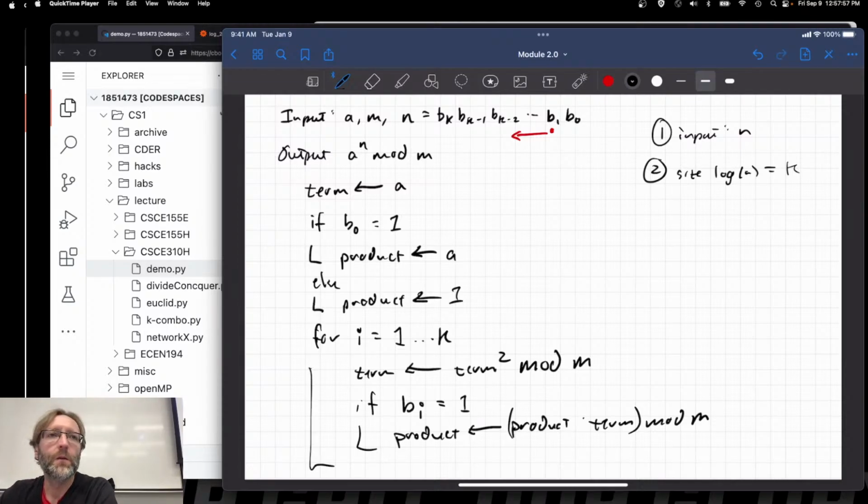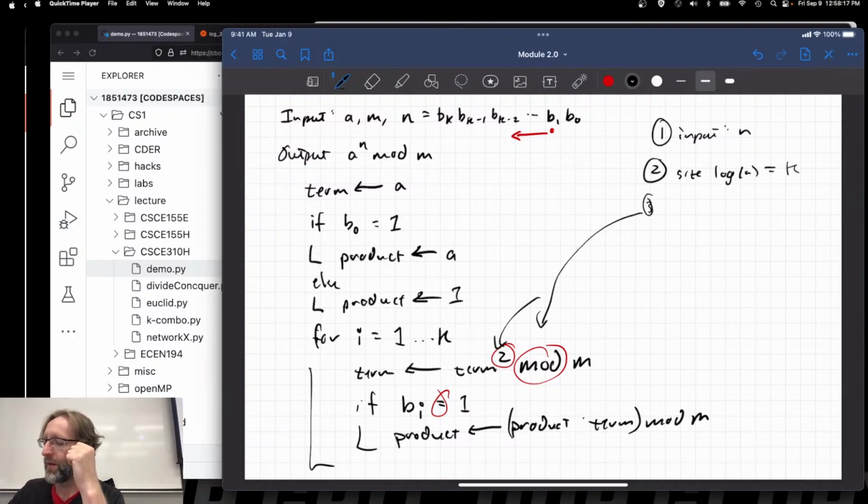What is our elementary operation? It could be this comparison here, or the square, or the mod, or whatever. It doesn't matter. It's one thing. How many times does this execute? How many times are we executing this for loop here? k times.